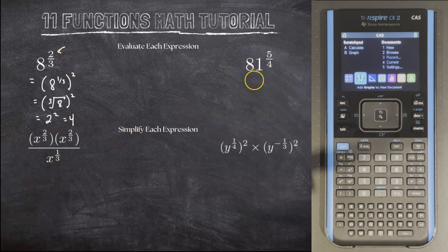See, not so bad. We did that without a calculator. Now let's try this one. How are we going to do this one? Well, very similar steps. Let's have 81. We're going to split this into 1/4, all to the power of 5. Now, 81 to the 1/4 is the 4th root of 81, and that's all to the power of 5. So what multiplied by itself 4 times gives you 81?